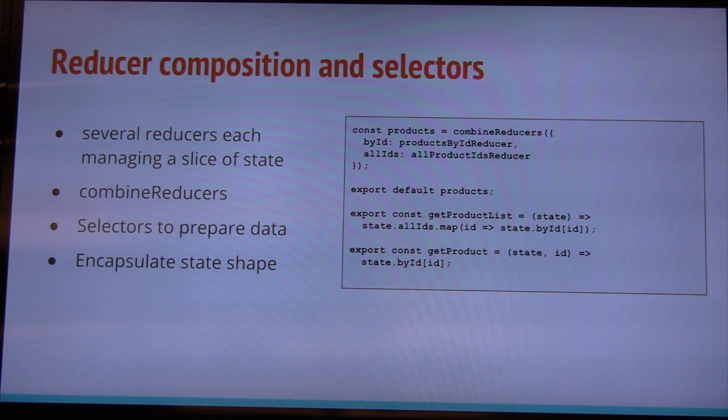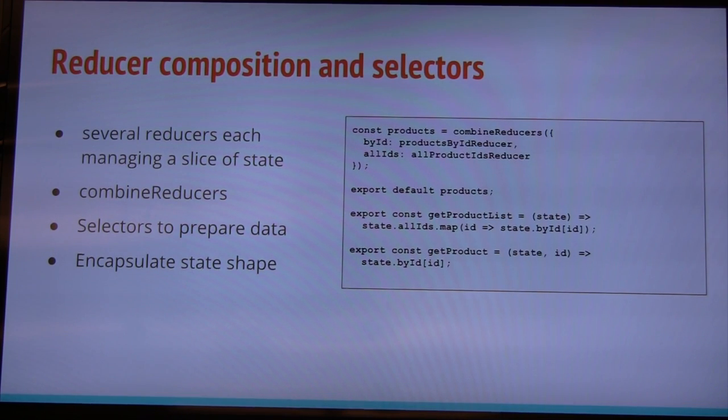Reducers delegate out to each other. You'll use a combineReducers utility available from Redux that assigns slices of the state to specific reducers. And then you have selectors, which prepare the data in the way that you are expecting to display it. Your state shape should be encapsulated in the file in which it is contained.